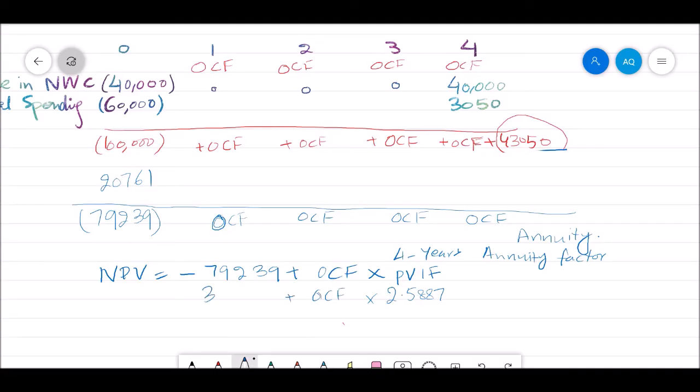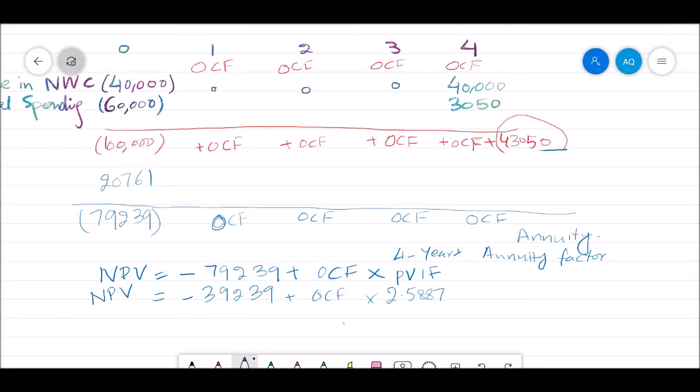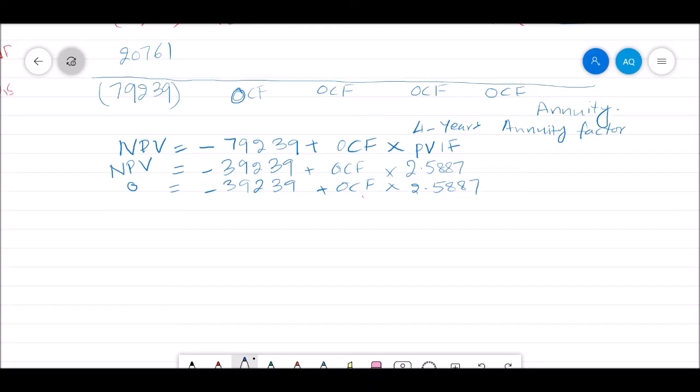2.5887 multiplied by operating cash flow plus the 79,239 here, and this is NPV. So at a 20% discount rate, this NPV will be equal to 0. Therefore, minus 79,239 plus operating cash flow multiplied by 2.5887 equals 0. Let's bring this one to the other side. Oh, sorry, this was 79.